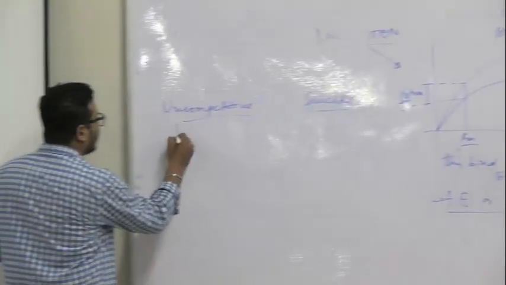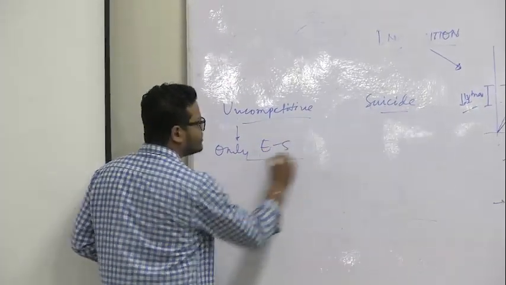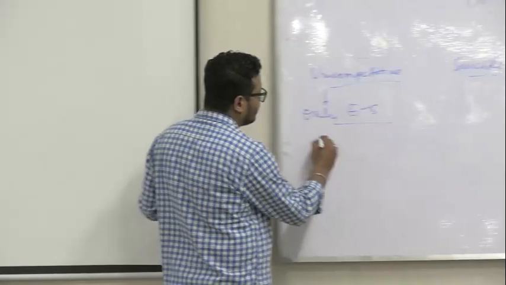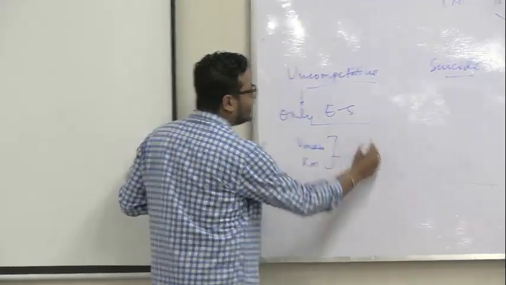Uncompetitive inhibitors will only bind to the enzyme substrate complex. Where is it going to bind? It is going to bind to some other site apart from the active site. Yes or no? If we talk about the changes, both Vmax and Km decrease.